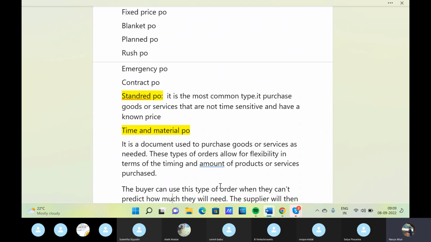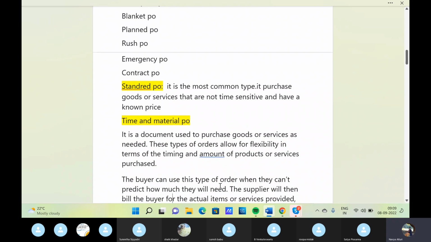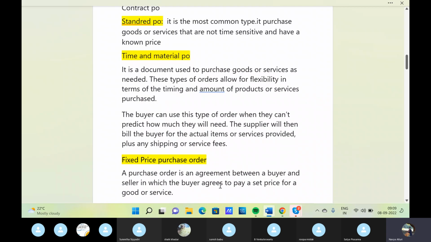After that, the seller will deliver at the time mentioned in this purchase order, delivering the product of the type of materials included.